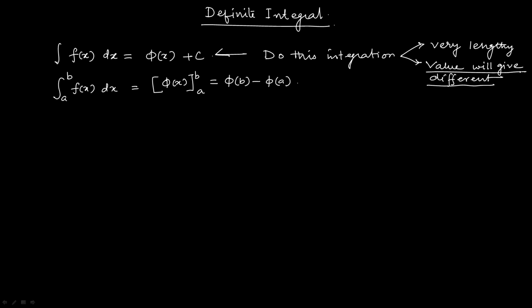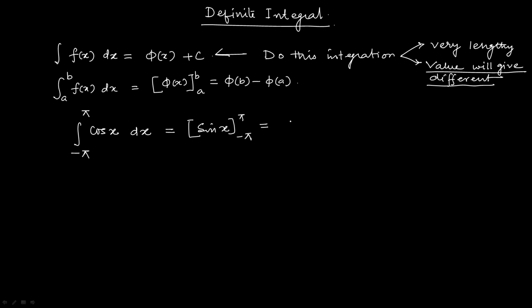Just I am telling you one thing: the integration from minus pi to pi of cos x dx. So the integration of this will give me sin x from minus pi to pi.